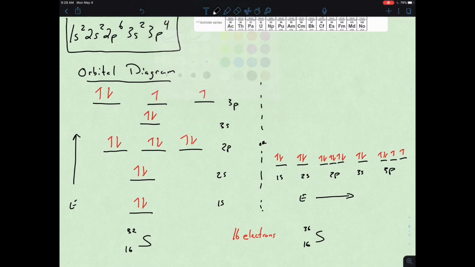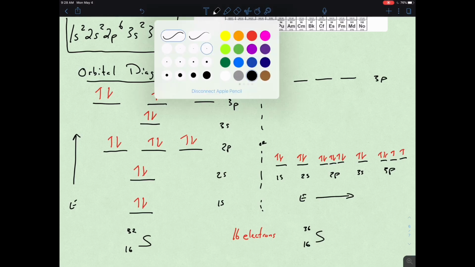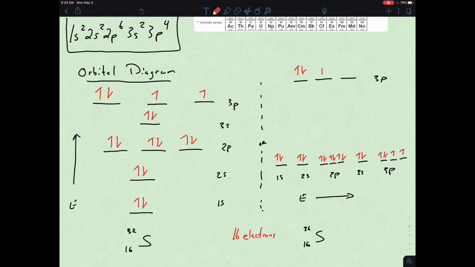If we had the 3p like this, this is incorrect, and that goes back to Hund's rule. So there's another example of writing an orbital diagram as well as an electronic configuration.